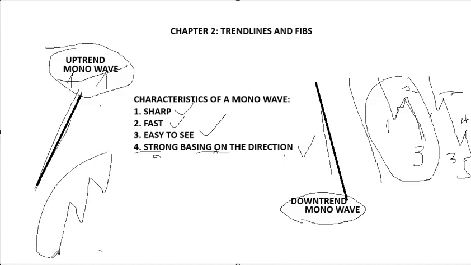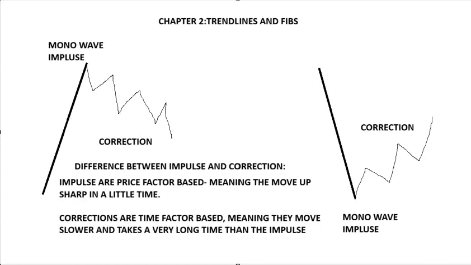These form the pattern of 5 smaller waves, but in a bigger degree, going to the upside. So this is still considered as a one or a mono wave or an impulse. Alright? Even though it is in a sequence of 1, 2, 3, 4, 5, it is still a mono wave. Alright? This is key to remember.